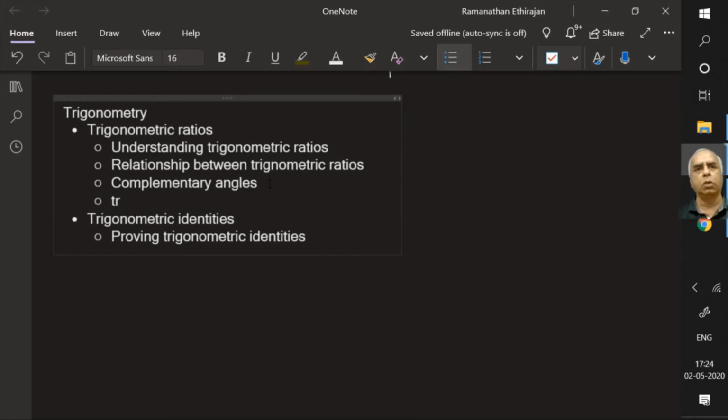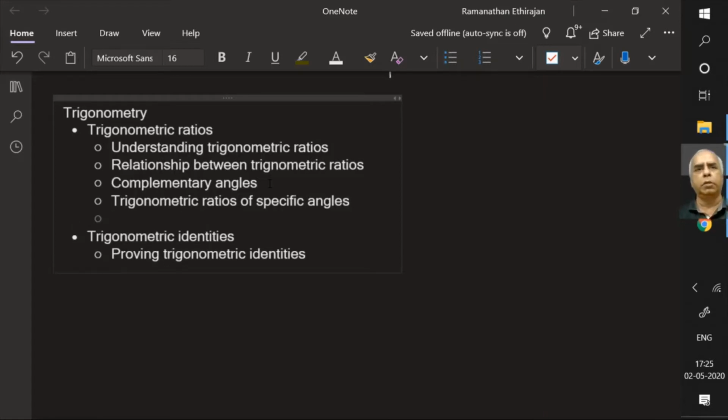So this is called trigonometric ratios of specific angles. We should know something about some specific angles.